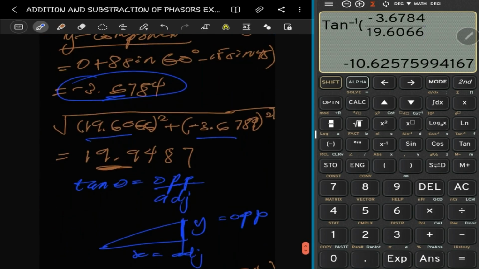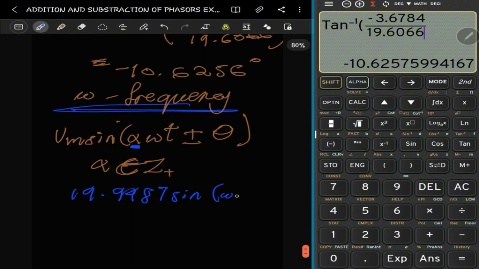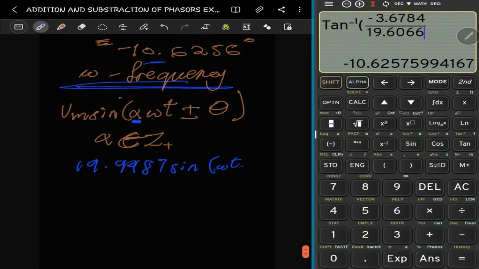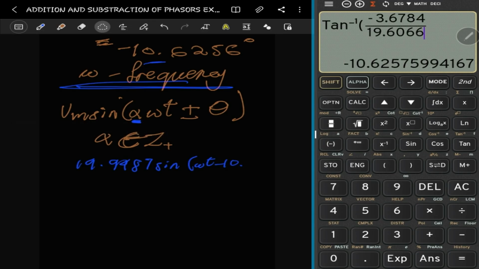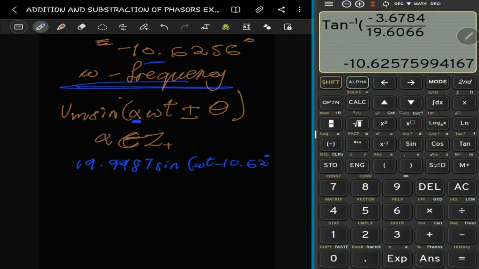So 1, and then angular frequency T, right? And we have the phase shift here, which is this minus. So minus 10.6, about 6.2 degrees.